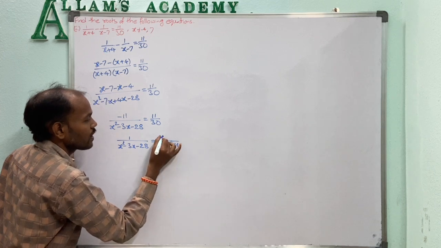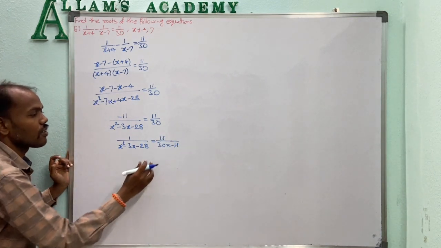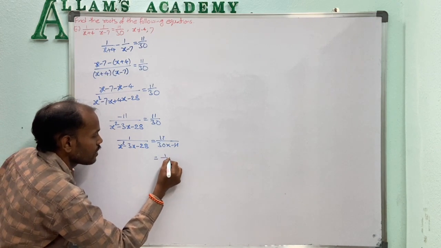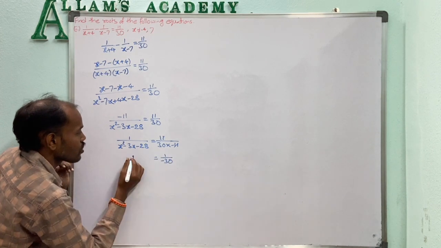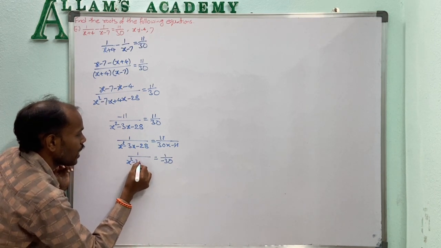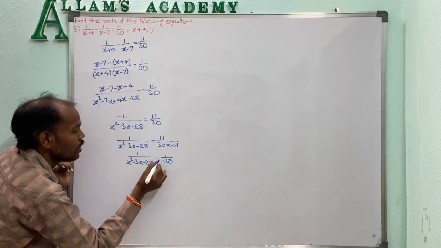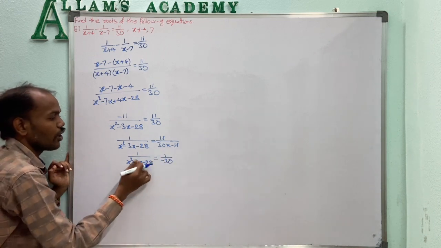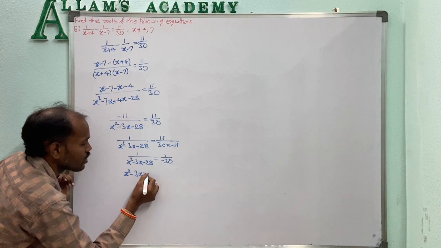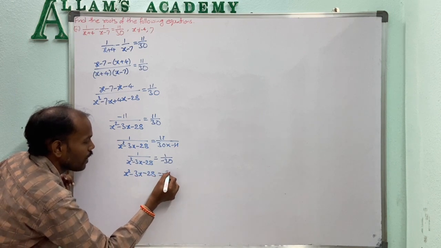So 11 gets cancelled. So 30 into minus 1, that is nothing but minus 30. So 1 by x square minus 3x minus 28 equal to 1 by minus 30. Now by the cross multiplication, x square minus 3x minus 28 equal to minus 30.